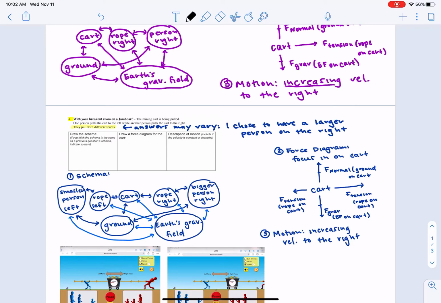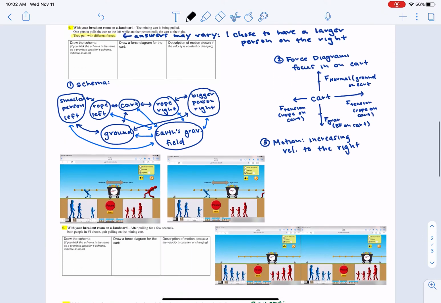The key was that the two people are pulling with different forces. So one arrow is bigger than the other, and with one arrow being bigger, we have increasing velocity in the direction of whichever side your bigger arrow is on. So non-constant velocity.